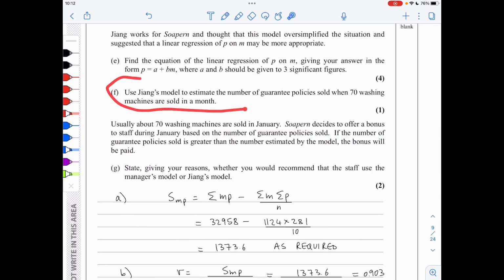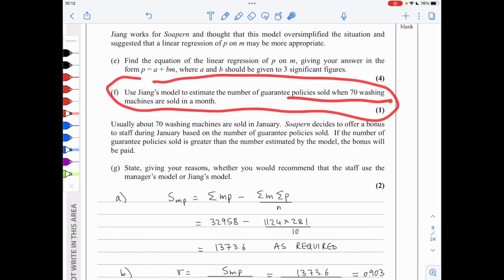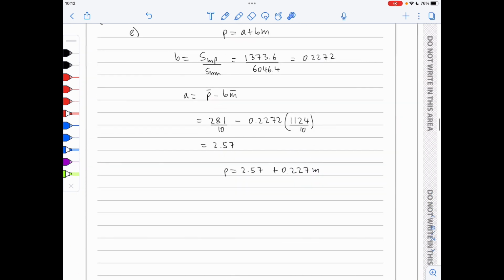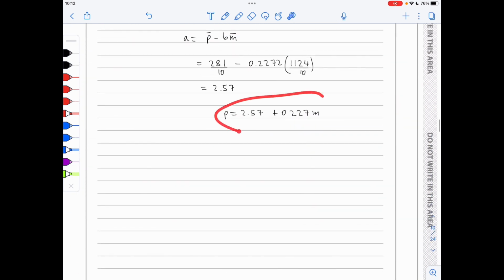In part F, we need to use this model to estimate the number of guarantee policies sold when 70 washing machines are sold in a month. So in other words, we need to use this formula here to predict P when M is 70. So we've got that when M is 70, P is 2.57 plus 0.227 times 70.